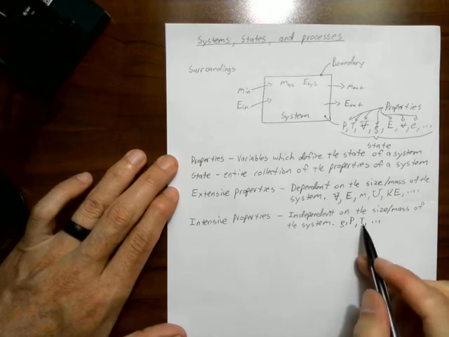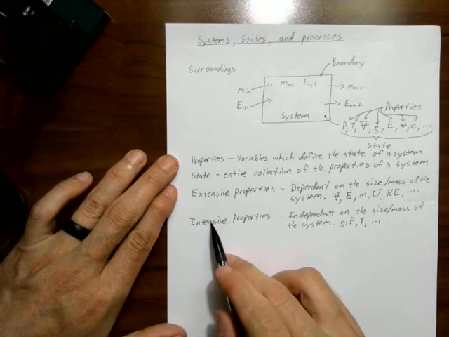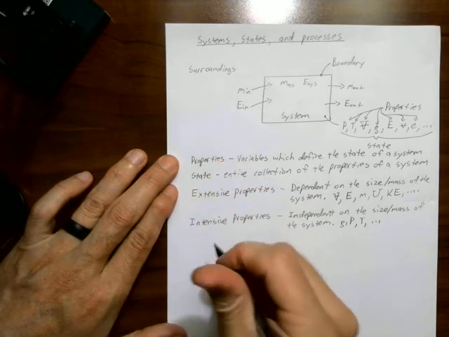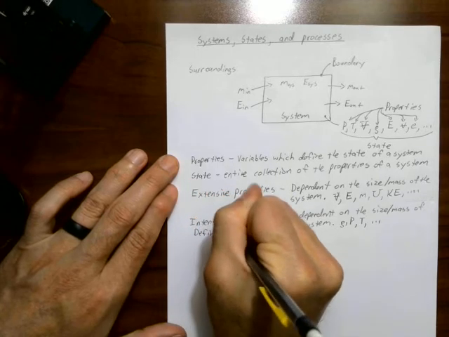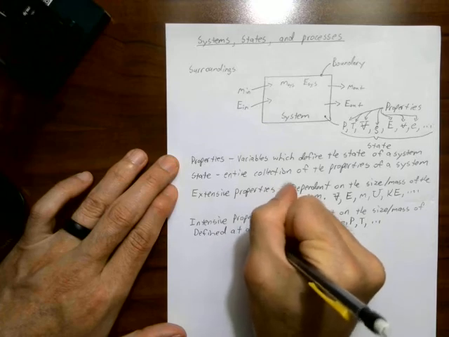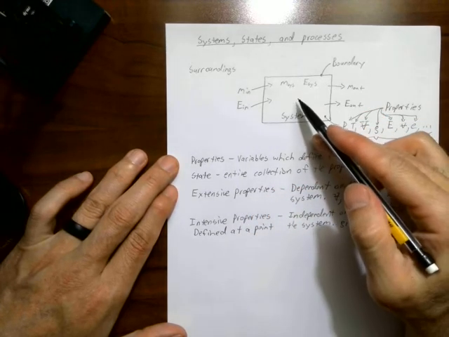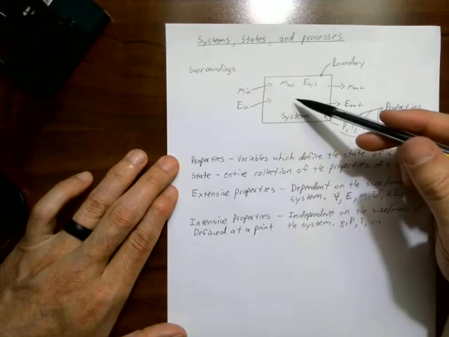Another way of differentiating between extensive and intensive properties is that intensive properties can be defined at a point. I can vary the size of the system all the way down to a single point, and the concept of pressure would still have a meaning.